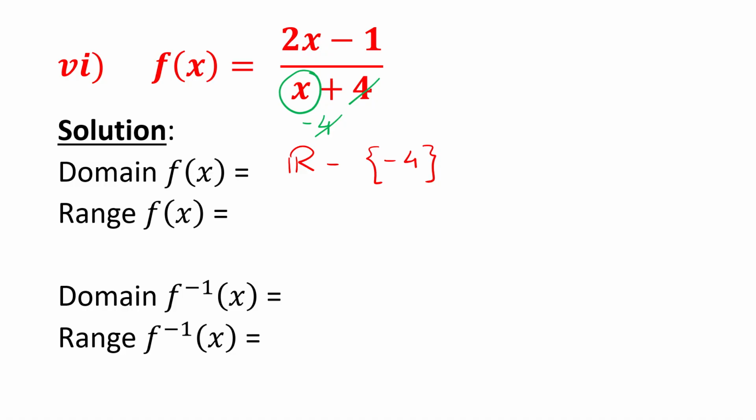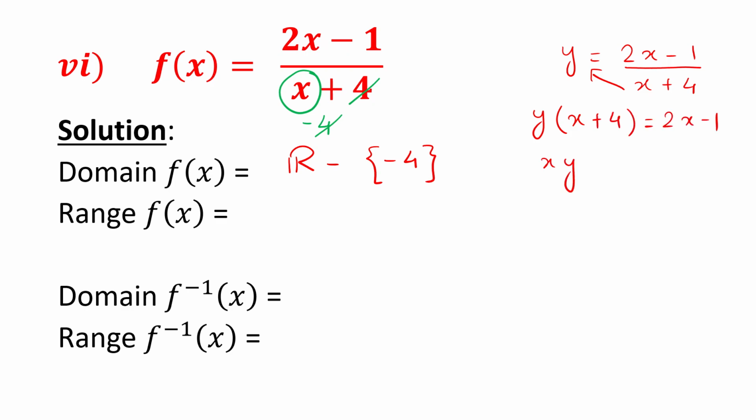Now for the range of the function, we solve for x. The given function is 2x negative 1 over x plus 4. By cross multiplying this x plus 4, after rearranging terms, we get xy negative 2x is equal to negative 1 negative 4y.